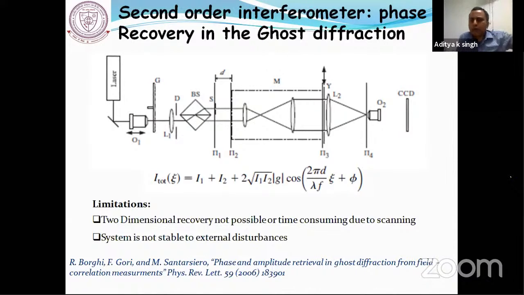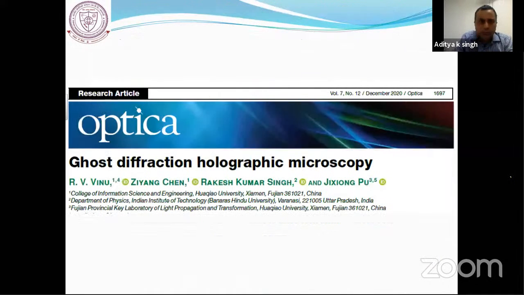If you have any external disturbance, or you don't have a vibration isolation table, your result will be affected. So what is the solution? We propose to overcome this issue using intensity correlation rather than field correlation. This technique we call the ghost diffraction holographic microscope. I will explain what this technique is.